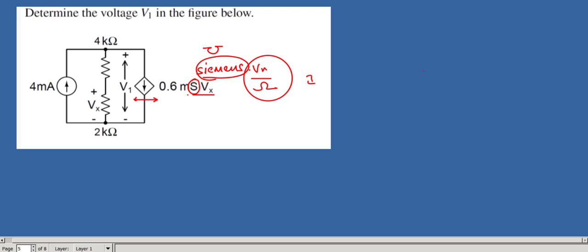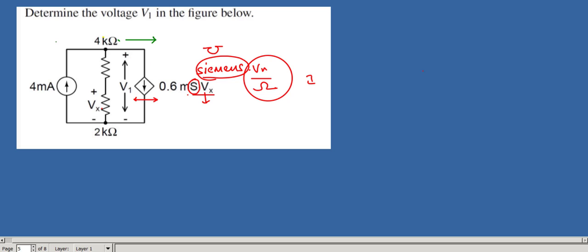Okay, this Vx here it is there. So here unknown is Vx. If I found this Vx, then I get the answer. Then I get the V1 very easily. Let's see here. 0.6 millisiemen into Vx is going, that is current is leaving.